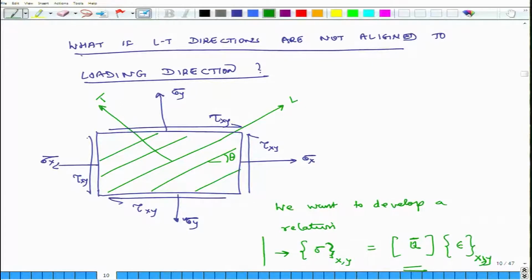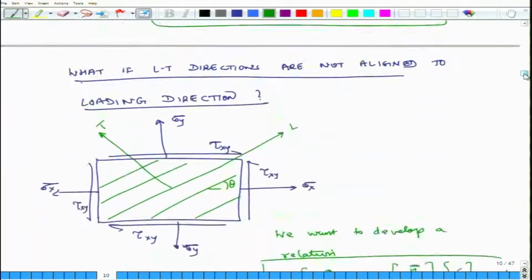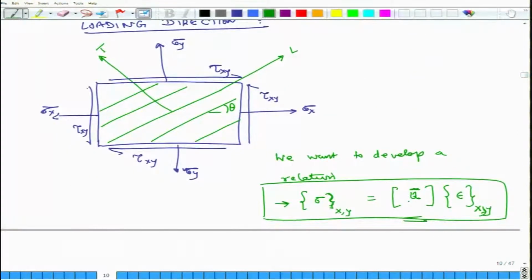So, this is the relation we want to develop, and we want to somehow relate this Q bar matrix to the Q matrix, because we can very easily calculate the Q matrix, Q11 and so on, in terms of engineering constants. So, is there a way we can calculate Q bar in terms of Q? Because if we can do that calculation, then I can also calculate this Q bar matrix in terms of all the engineering constants. So, this is what we want to accomplish, and to start with, let us look at.